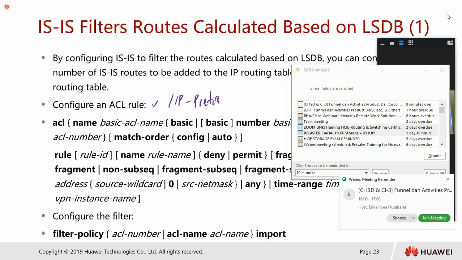These are the two things we normally define to perform the filtering. Then configure the filter-policy with the ACL name followed by import. We do not filter outgoing, only incoming. Only import can be filtered.